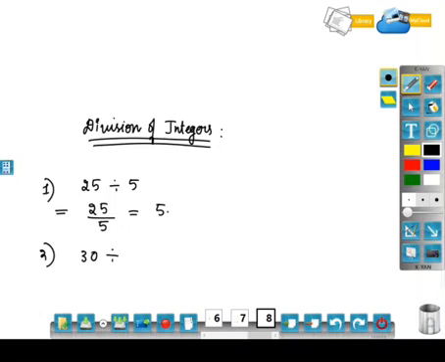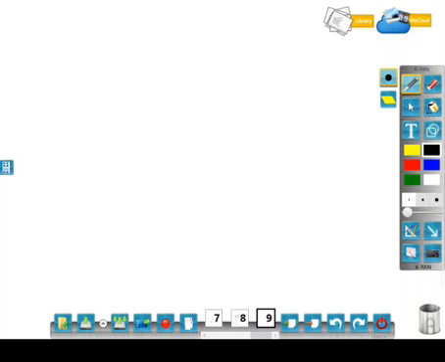30 divided by minus 6. Thirty divided by minus 6, it will be minus 5. All of you are giving the correct answers. Very good. Let's take some more examples.